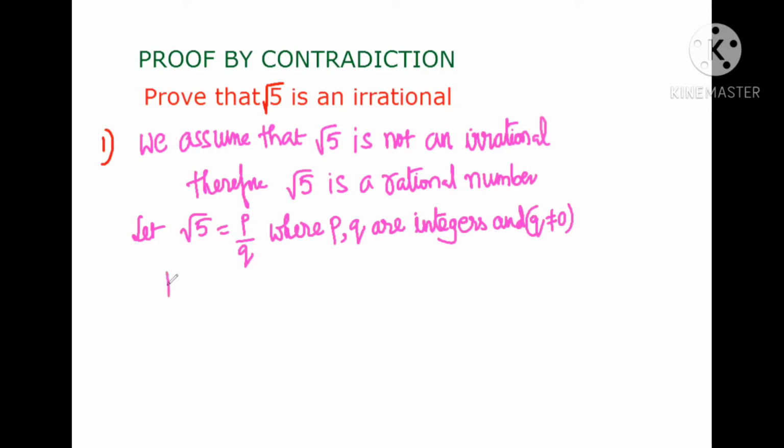And here p comma q are co-primes. Co-primes means their highest common factor, their HCF is 1. How their HCF is 1?